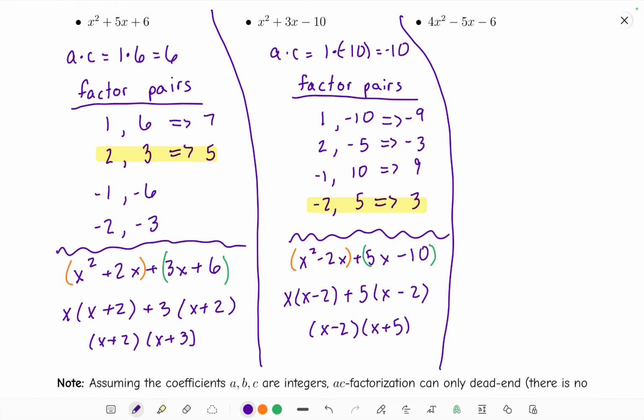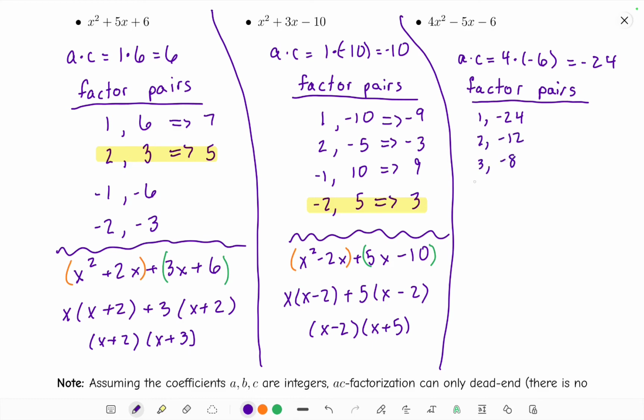And then the last one, 4x squared minus 5x minus 6. So a times c is 4 times negative 6, which is negative 24. This one's going to have quite a few factor pairs. So you have 1 and negative 24, 2 and negative 12, 3 and negative 8, 4 and negative 6.